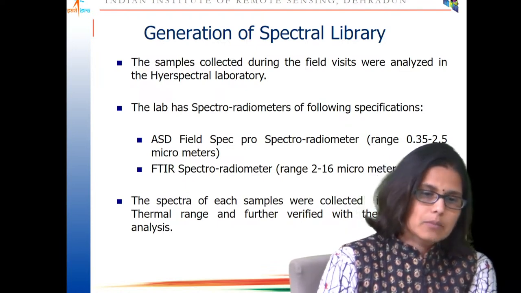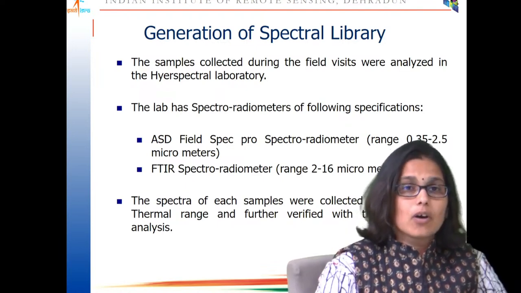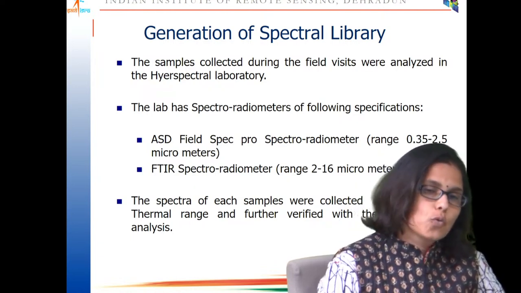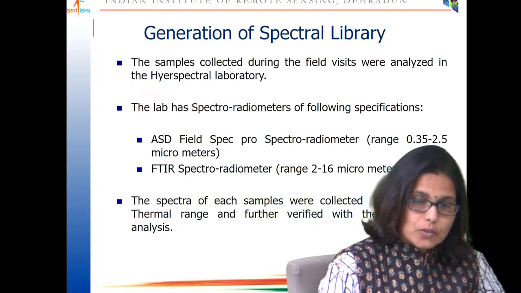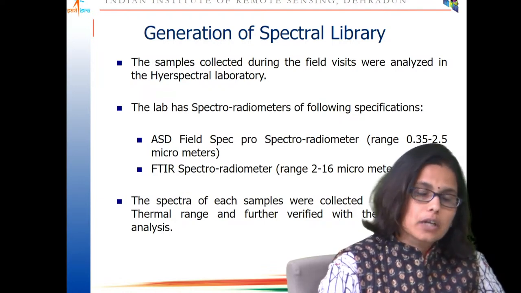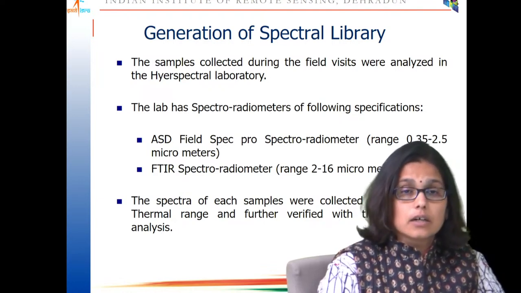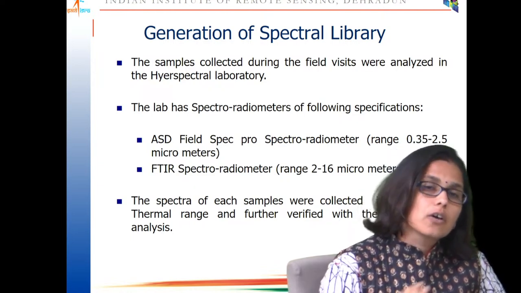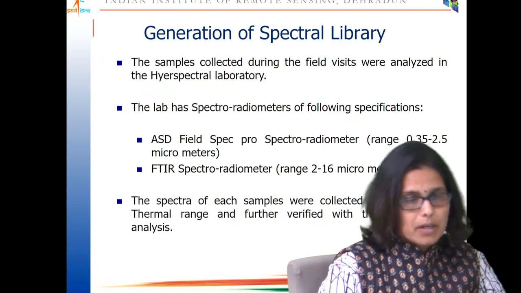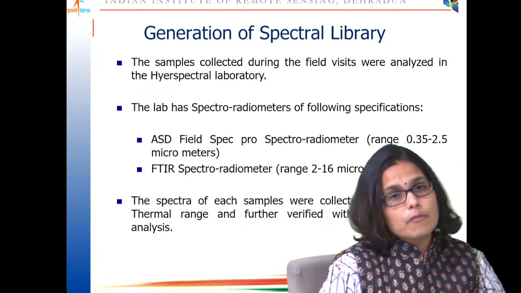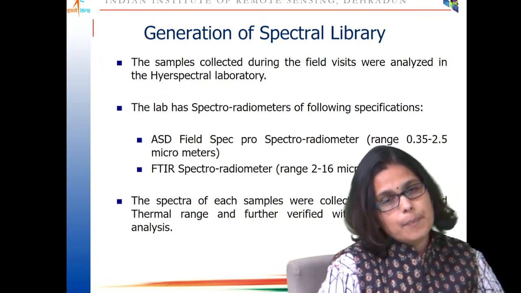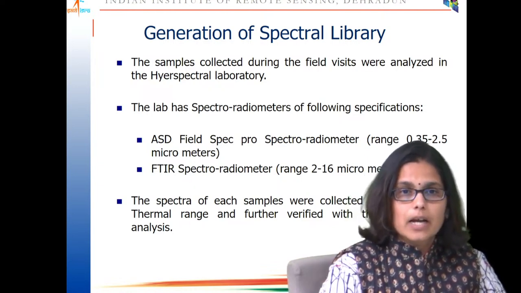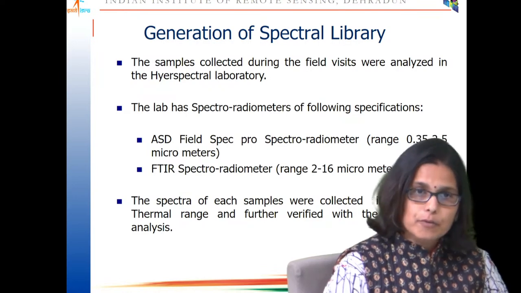Okay, now next comes the generation of the spectral library, or the spectroscopic analysis of the material. As I told you initially, at our institute we have different spectroradiometers. I am also taking care of the Hyperspectral lab at IIRS. In our lab we have different instruments: ASD FieldSpec Pro, ASD FieldSpec High-Res, and FTIR spectroradiometers.